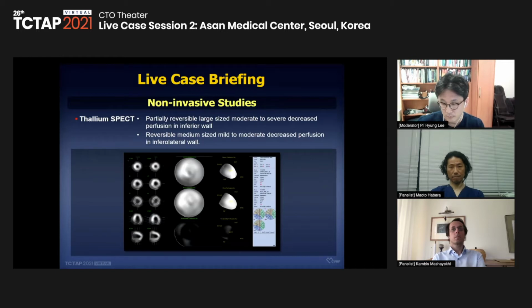So maybe we can have a large degree of benefit if we successfully recanalize the RCA-CTO. Personally, I think this patient has a good indication for CTO PCI.